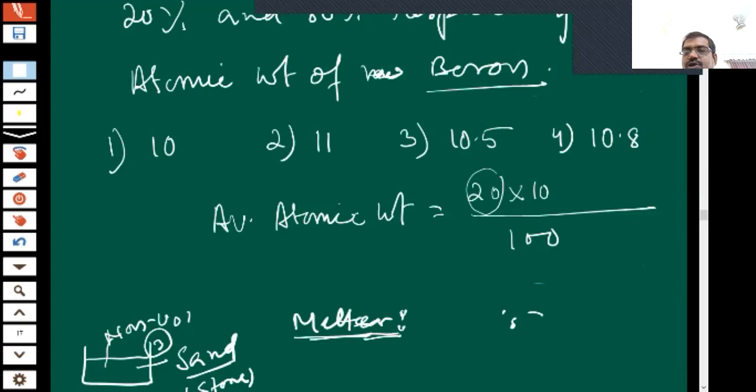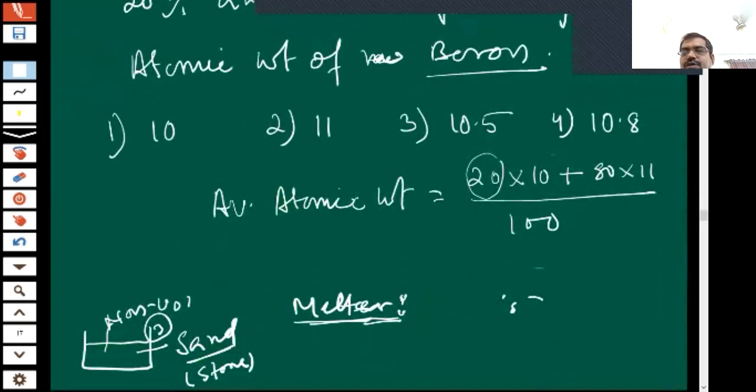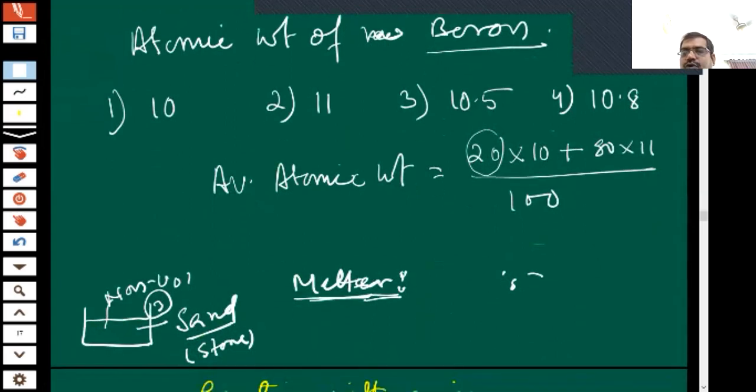So we put it into a bracket, plus the remaining 80 members will be having this mass, 11. Out of 100 members, 20 members have this mass and the remaining 80 have this mass.